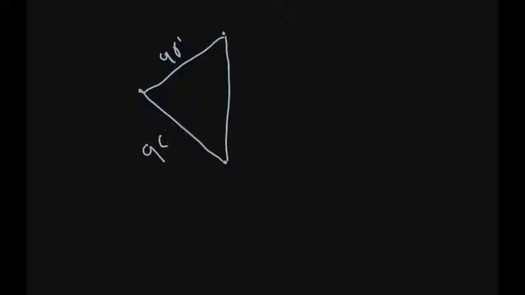Alright, so let's say we have 3 points, and we want to know the angle with the greatest measure. Well, if you know the measure of the sides, so let's say this is 90 feet, this is 98 feet, and this is 102 feet.